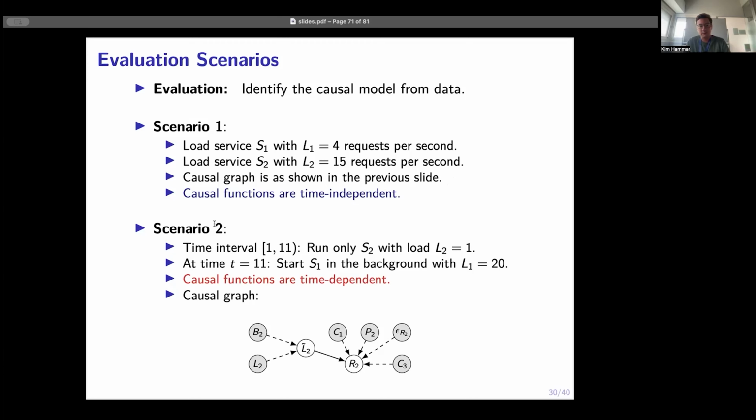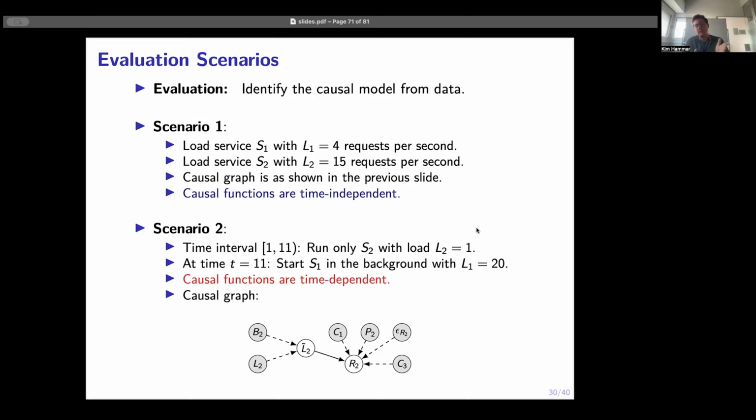Then in the second scenario, we focus only on the second service, S2. So we have a smaller causal graph where we only have the variables related to S2. And we load this service with 1 request per second. And then we divide the evaluation scenario into 2 time intervals, where in the first interval, we run only the service S2.